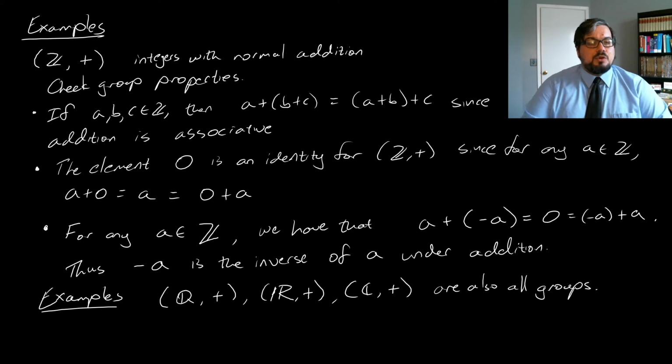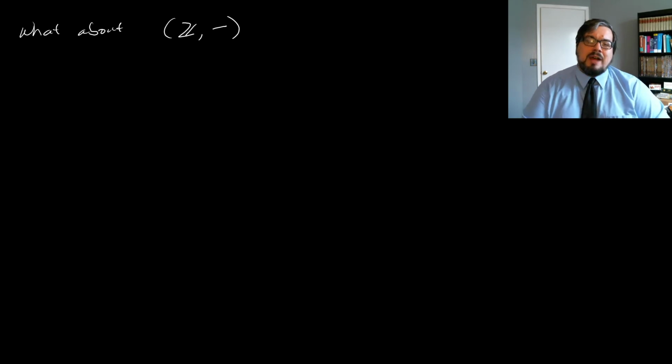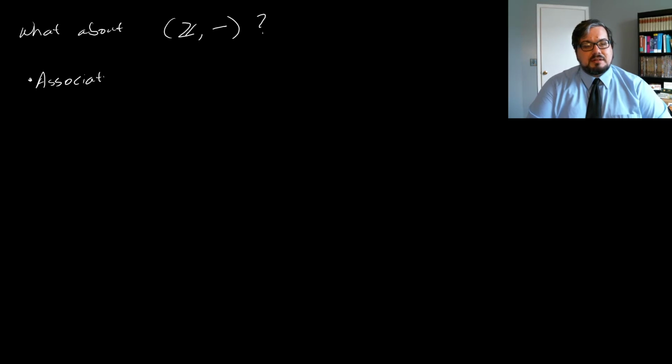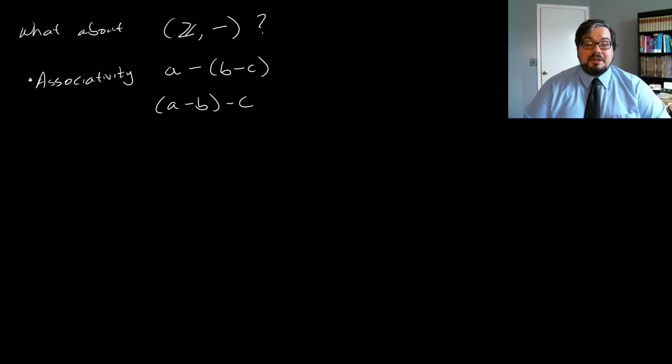So let's think about the same set of integers, but with different operations. All right, so let's look at the integers with subtraction. And let's see whether the integers with subtraction is a group. So first thing that we need to check is associativity. And we want to check to see whether (a - b) - c and a - (b - c) are the same thing.